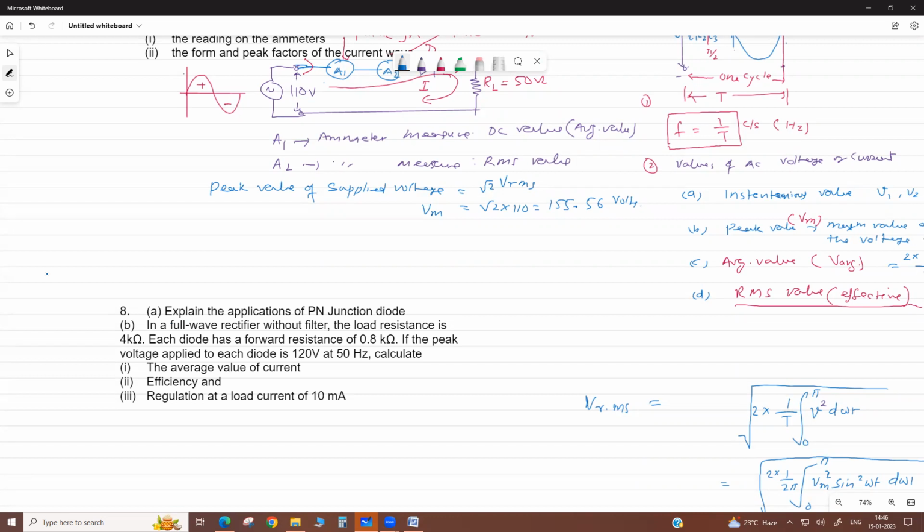Then from this peak value, we can calculate the peak current.